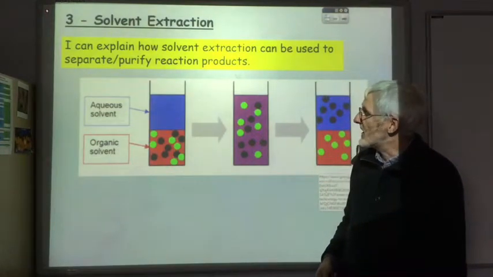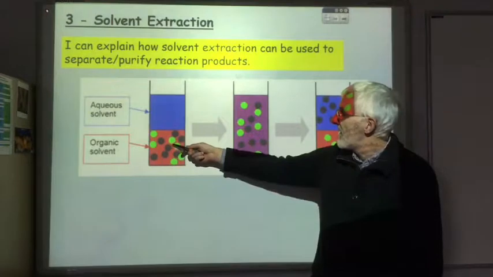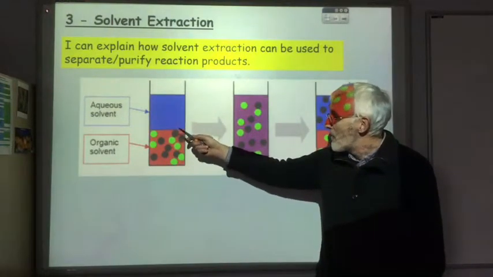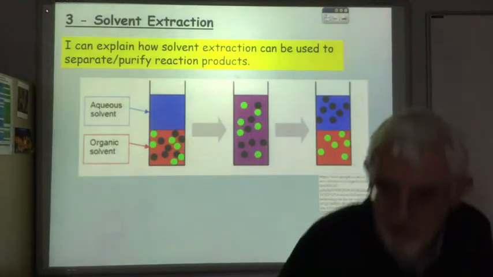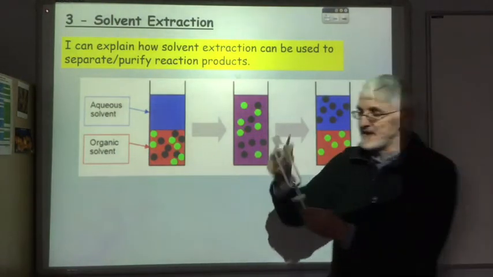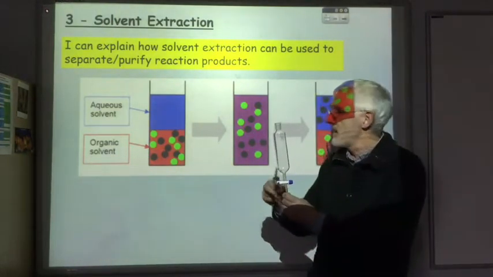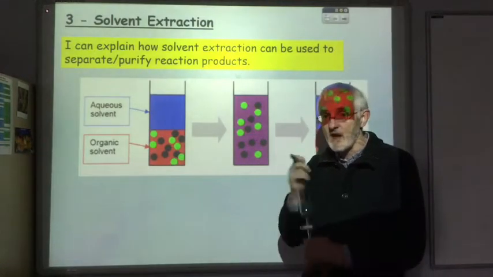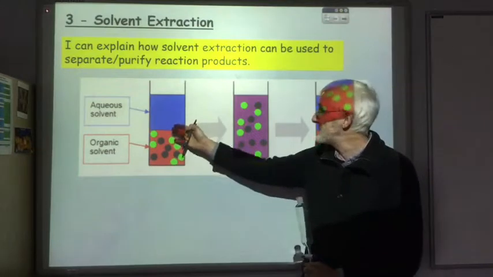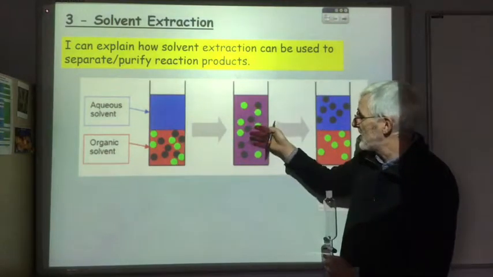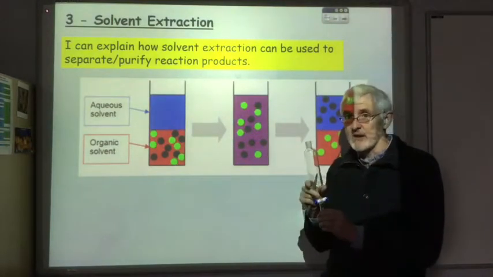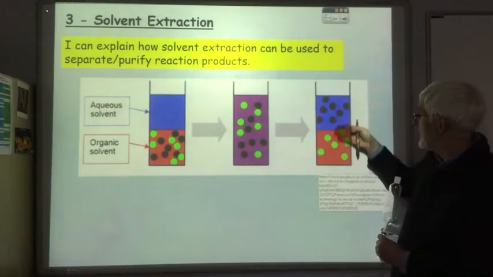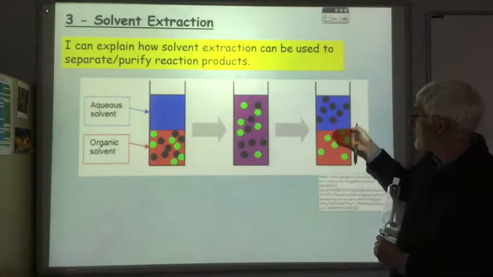So in solvent extraction, if that's an organic solvent, we'd add an aqueous solvent, and we use a separating funnel which looks like this. We then mix it up, so we get a good mixing between the two solvents. So this is it mixed up, and then if you clamp it and leave it to settle for 5 or 10 minutes, the two separate layers will reform.